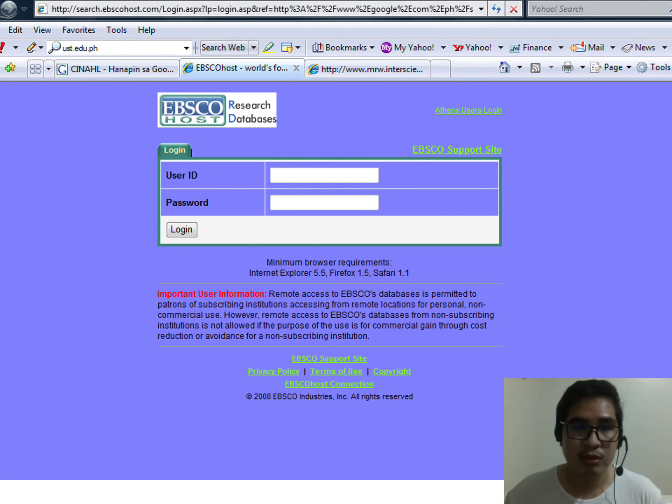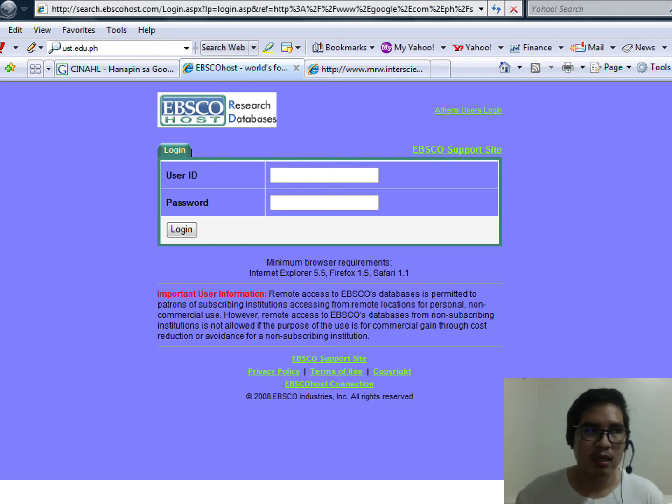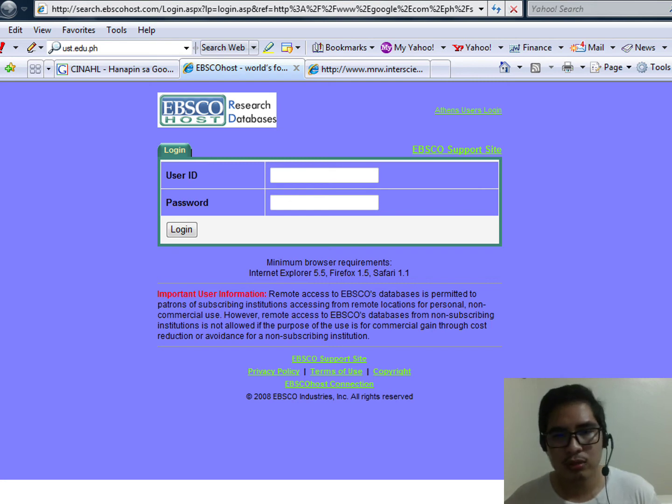Another one is EBSCO. Okay, EBSCOhost. Sometimes you need a login, but sometimes they offer services wherein you can just open the journals and view the abstract. Okay. The number one most beneficial part of the manuscript for researchers who are searching for literature review is the abstract, because the abstract is the summary.